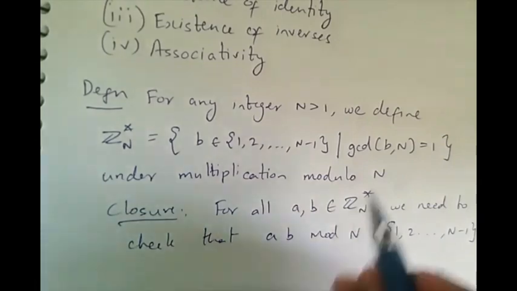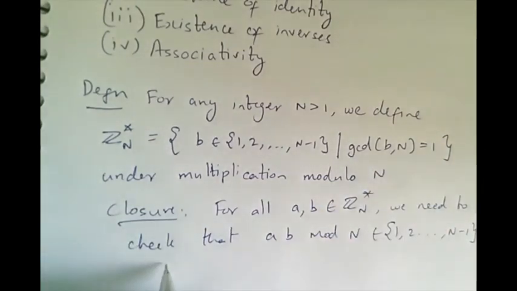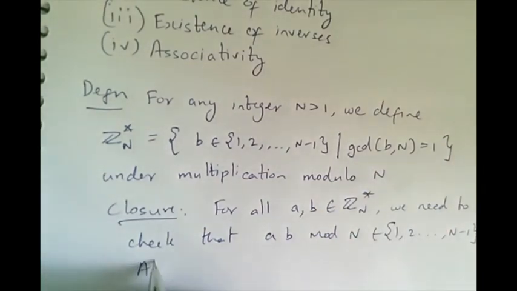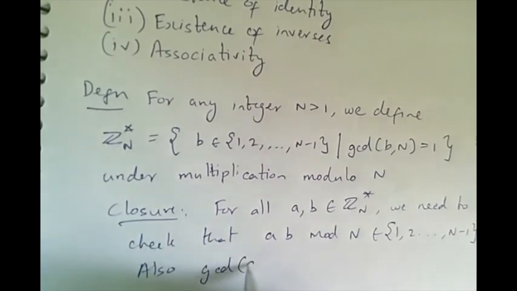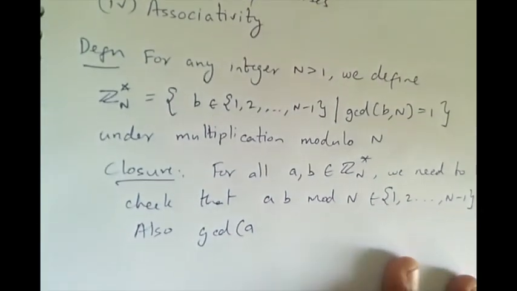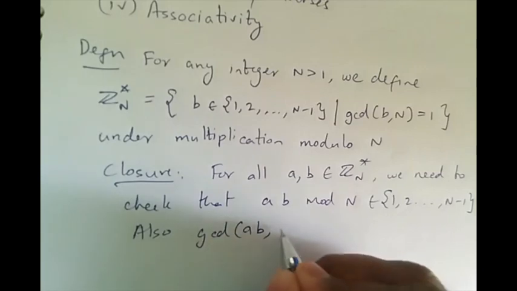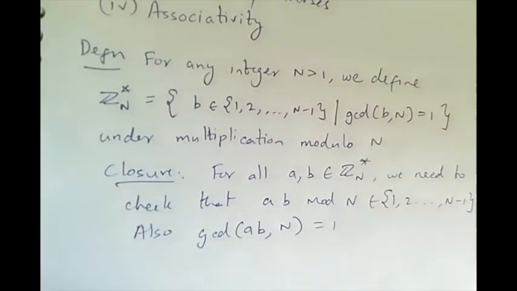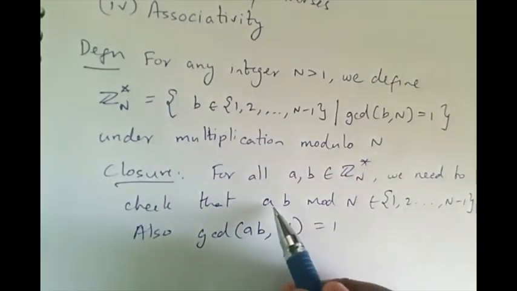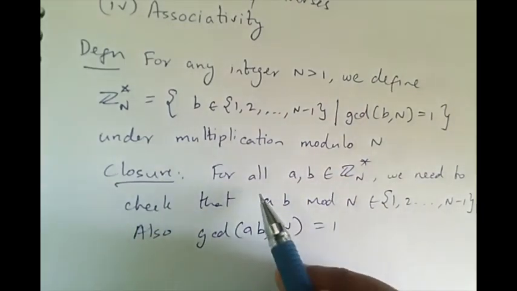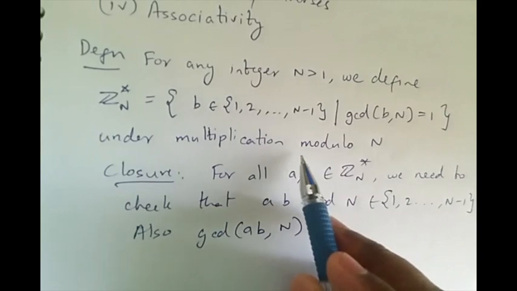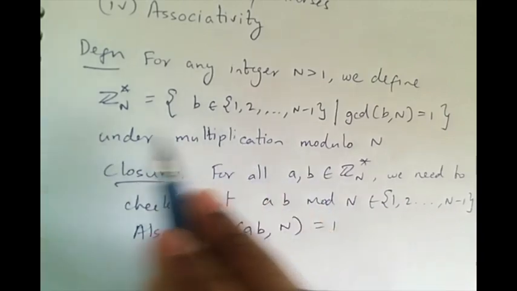The other thing we have to check is that the GCD of a times b and n also needs to be 1, because finally we want the result of the binary operation, multiplication modulo n, to belong to Zn star.